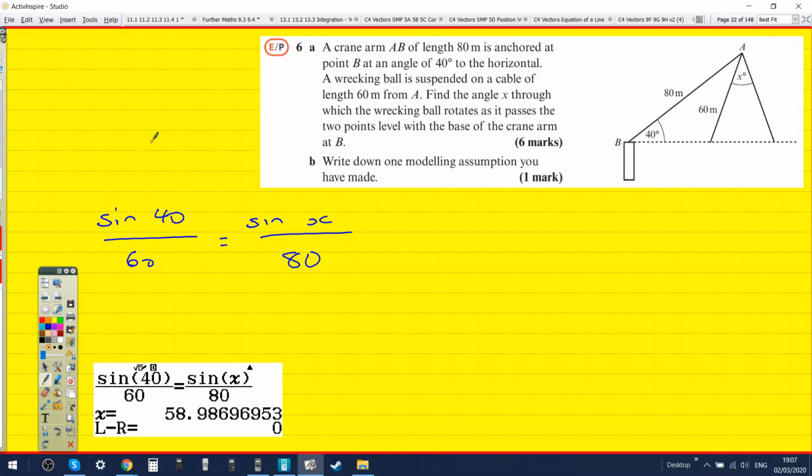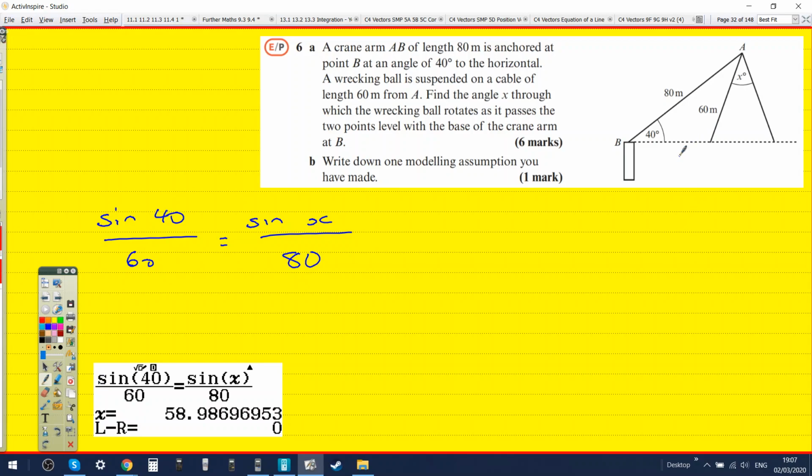So where is that angle? Is that the angle opposite 80? Or is it the angle at the top? So do you mean like this angle? Yeah. So what do you notice about the size of this angle? It won't be that because it's obtuse.